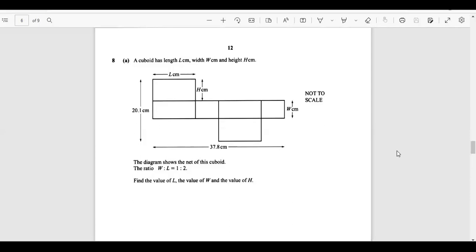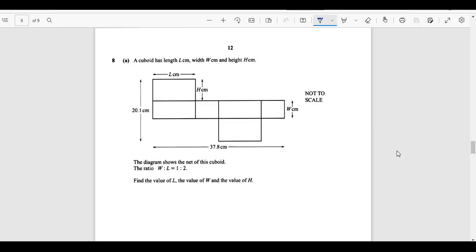So the ratio of width to length is 1:2. Find the value of L, the value of W, and the value of H. Okay. Now for this question, we need to make the equations first, and then we would be able to solve it easily. So first equation is there. It's already made for you.